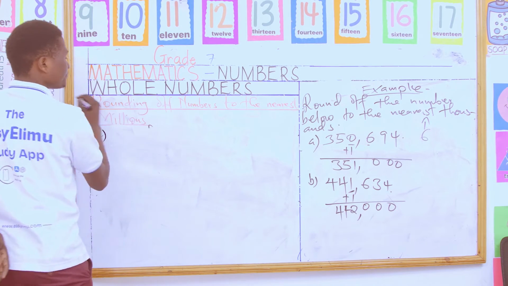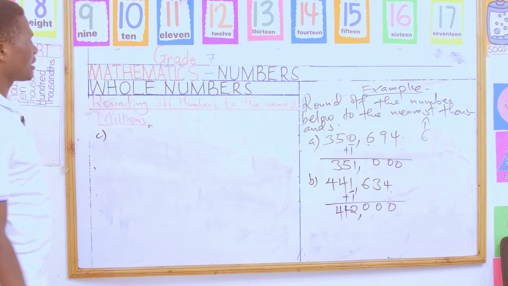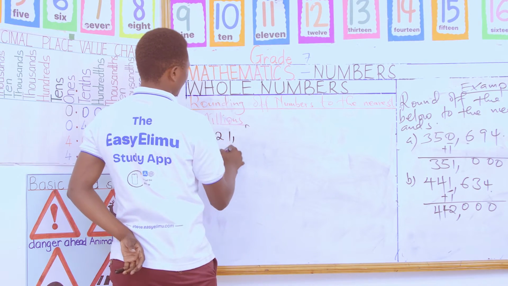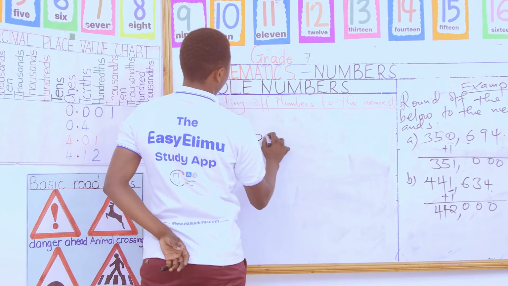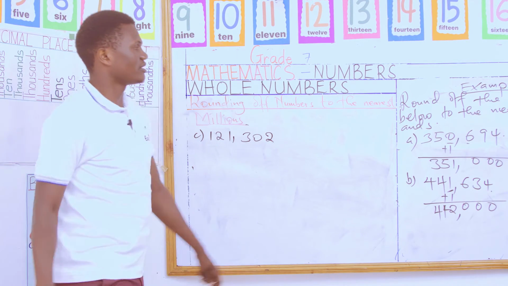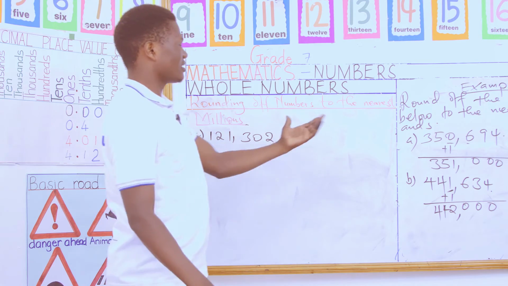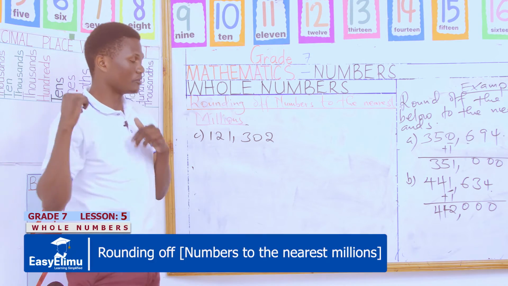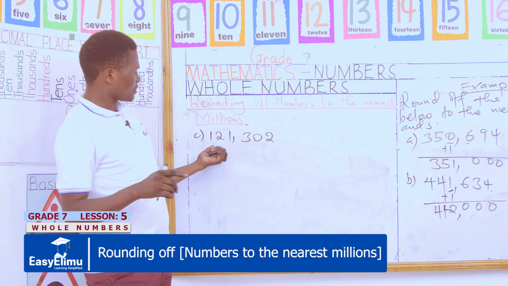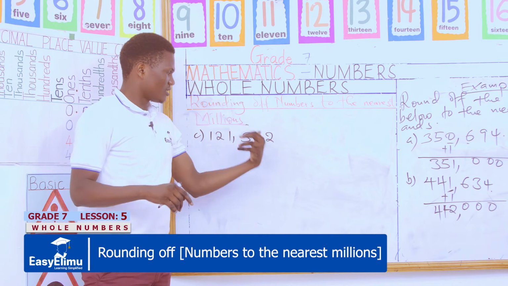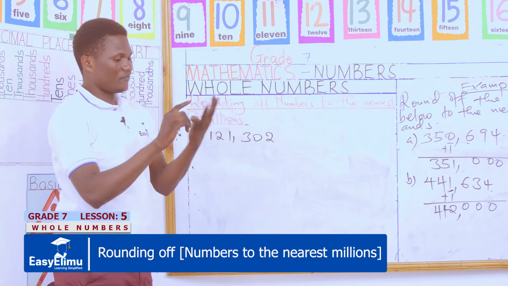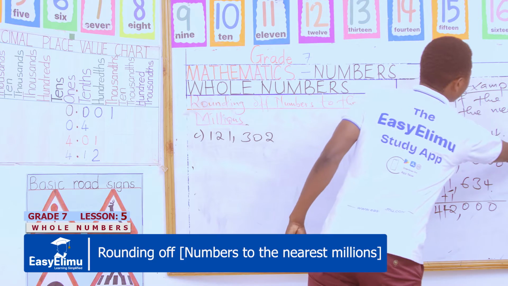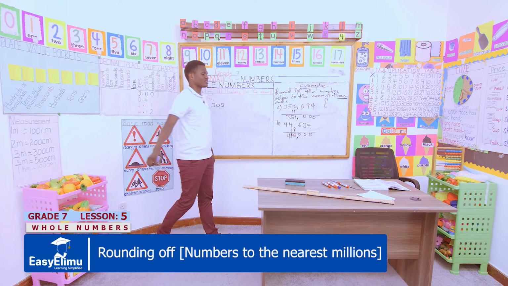But see, you can be given a number like 121,302 to be rounded off to the nearest thousand. I'm just using this to remind you, before we go to millions, of what you did in your previous classes. The first thing, identify the digit in the stated place value, and our stated place value is thousands.